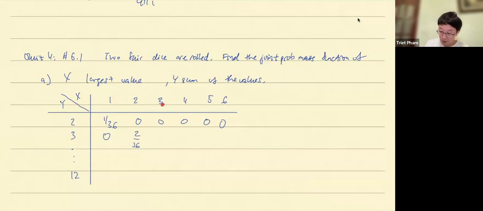Max value is 3, sum is 3. 0. And so on. Maybe let's do a last row. Max value is 1 and sum is 12. No way. Agree?